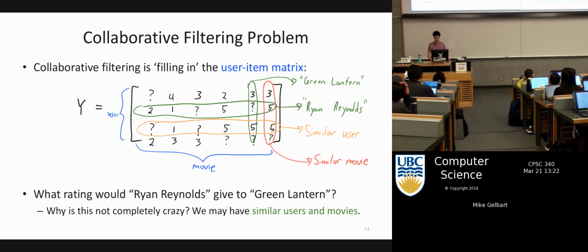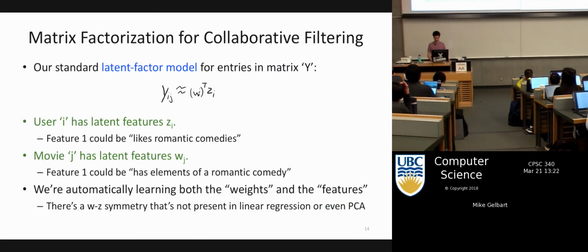So I think this is maybe the most important slide in the lecture, or at least the one where there's the most going on conceptually. So the punchline is this. We're just going to take that matrix Y and run PCA on it.